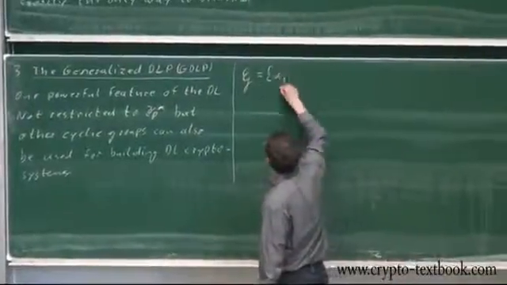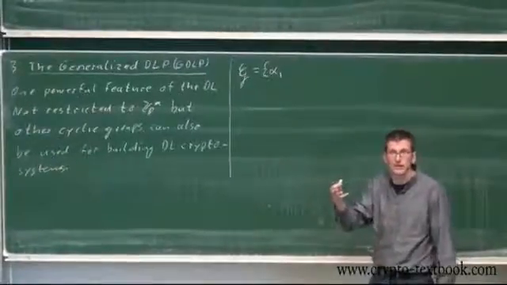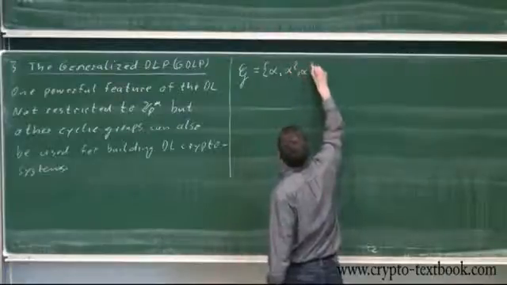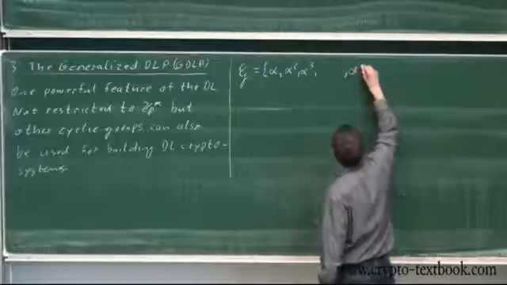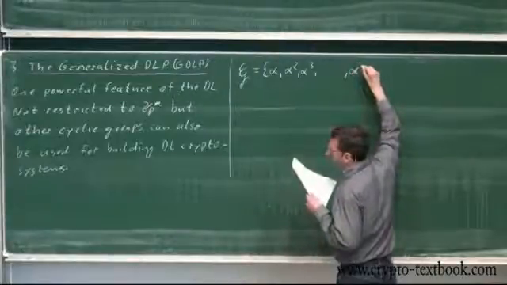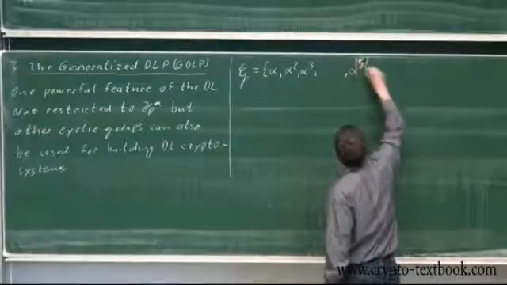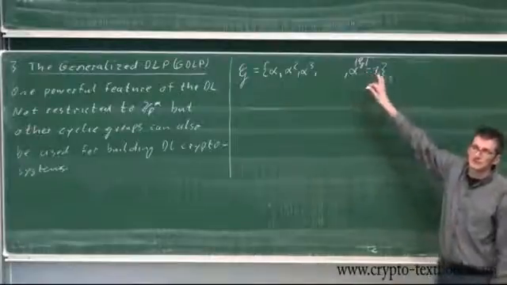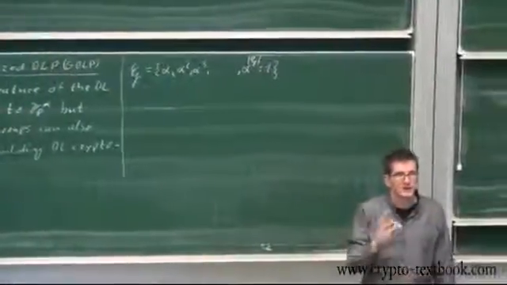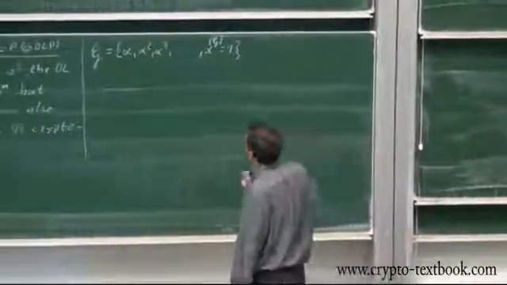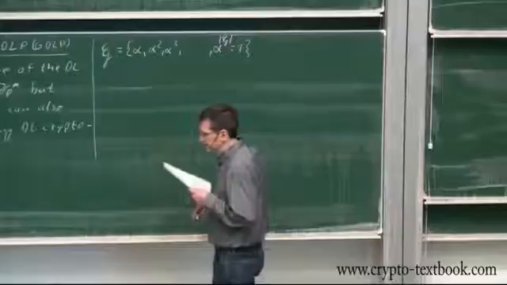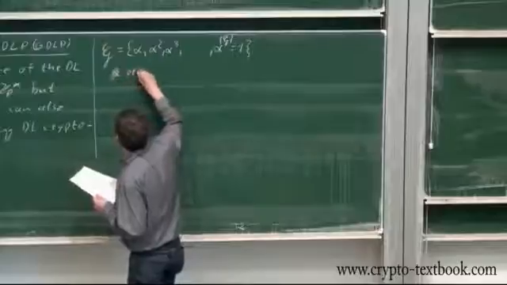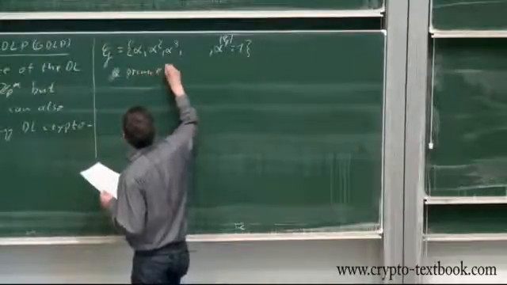So we have alpha, and you can write all group elements as a power of alpha: alpha squared, alpha cubed, and the last one is, by Fermat's theorem, which we did last time, alpha to the g is equal to 1. Okay, so alpha is a primitive element.